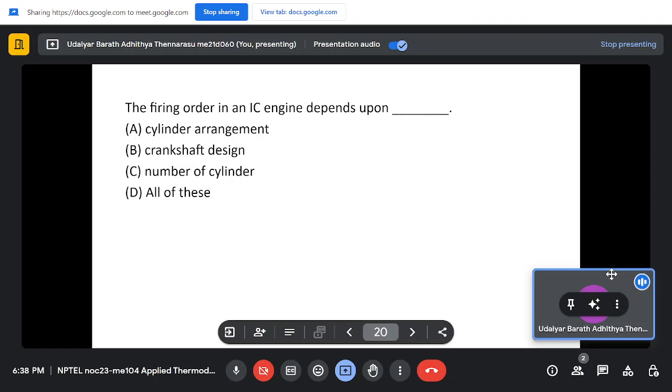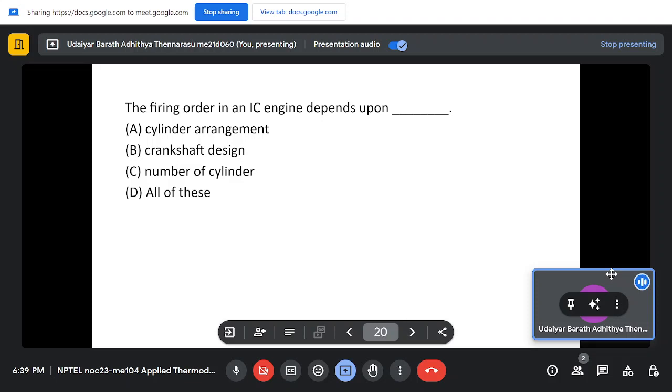You have multiple cylinders in an engine, and in what order the cylinders should be fired. For example, with 4 cylinders, the firing order can be 1 4 3 2, or 1 2 3 4, or all 4 together, or 1 4 together, and so on, the combination of how the spark plugs should be ignited for combustion. That's the question being asked.